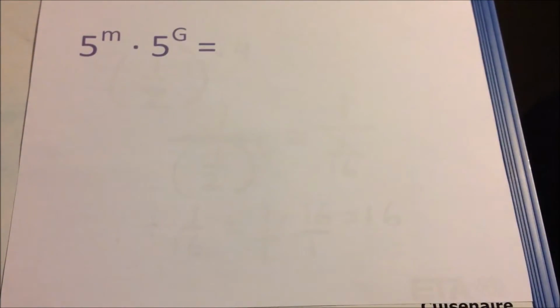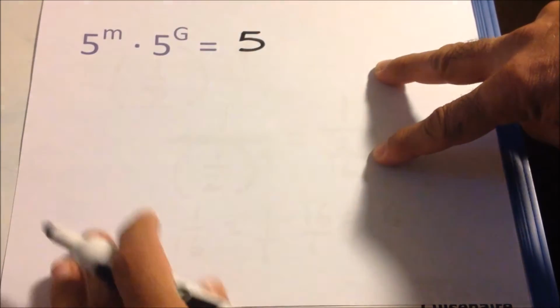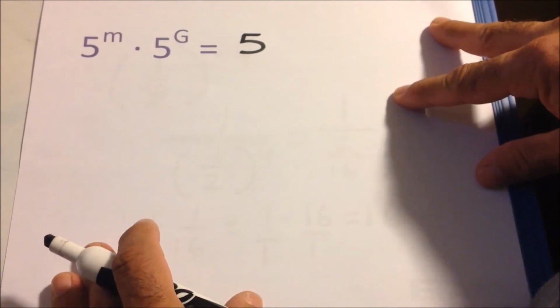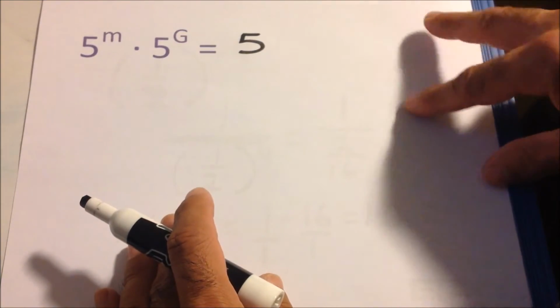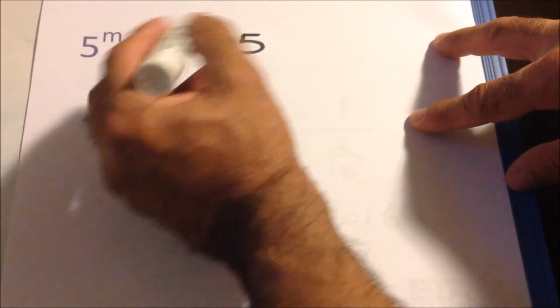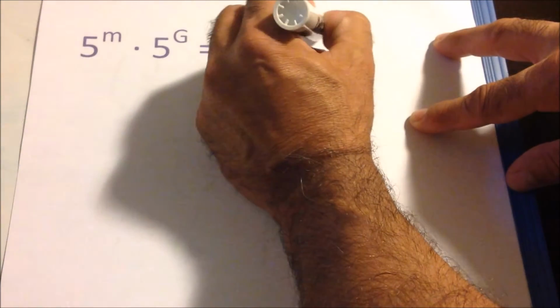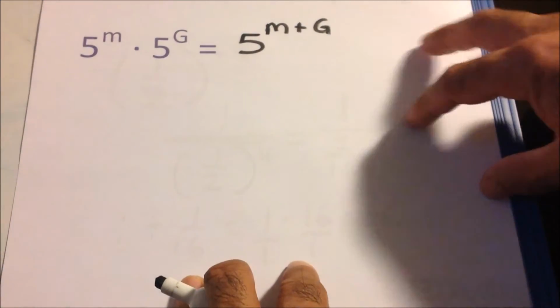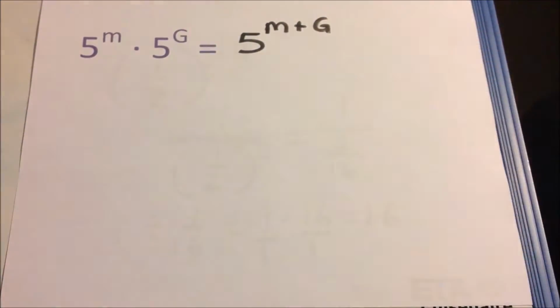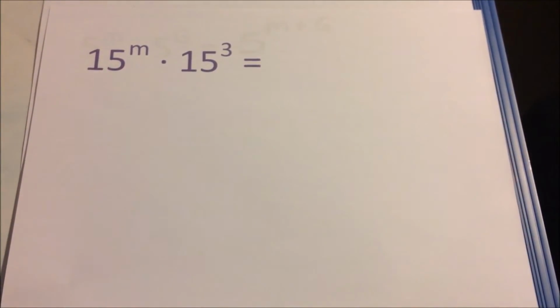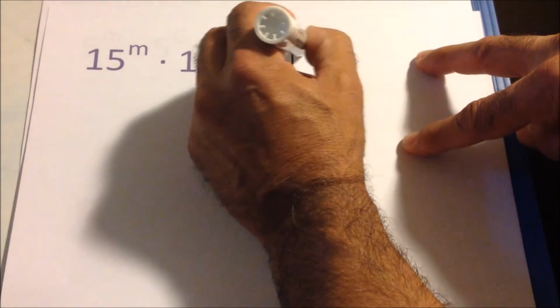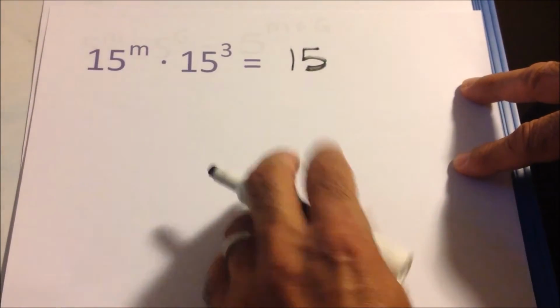They have the same base, right? So we know we're keeping the base. They have variables for their exponents, so we can't add them, so we just simply say m plus g. That's it. That's the answer. What about this one? Same base, right? 15, and we add the exponents.